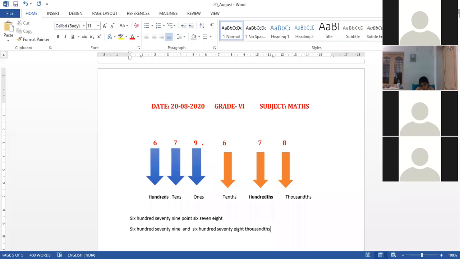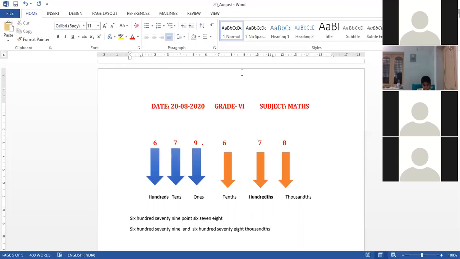After reading the number, we add the place value of the last digit. The place value of the last digit is thousandths. Then we say 679 and 678 thousandths. 8 is in the thousandths place, so at the last we have added thousandths. Understood, everyone? Yes, this is the second way.